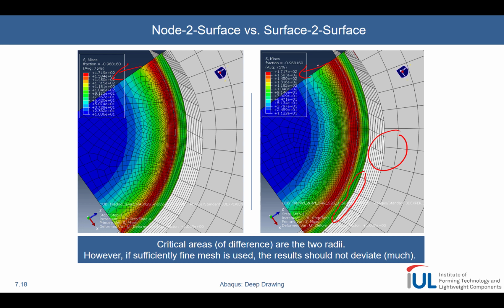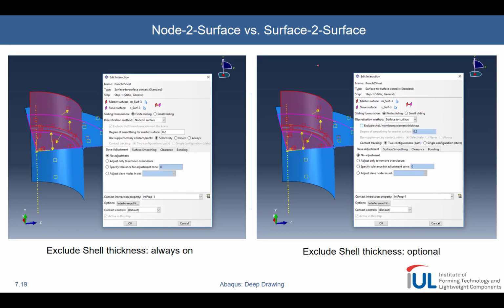However, so much for the N2S and S2S approach, but talking about 2D sheet metal forming, what is really important between those two discretization methods is the shell thickness. Remember, shells are two-dimensional objects in a three-dimensional space.